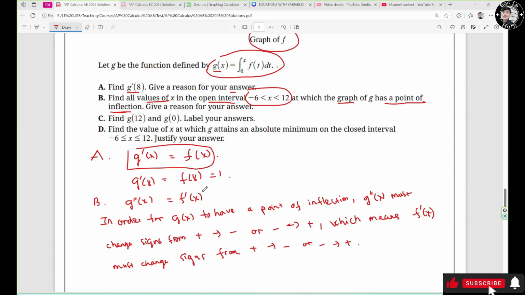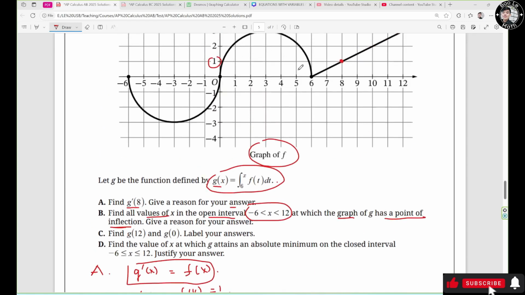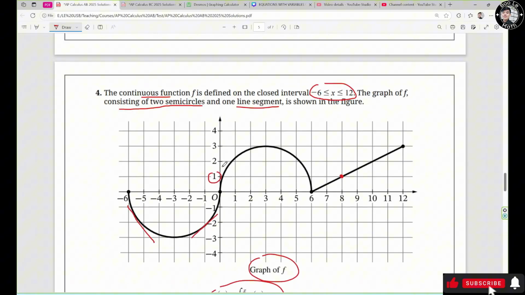Now, you look at the graph of f prime of s, which means the slope of the function f of s right here. So you need to draw the tangent line, right? So the tangent line is going to be right here and right here, right here and right here, right?